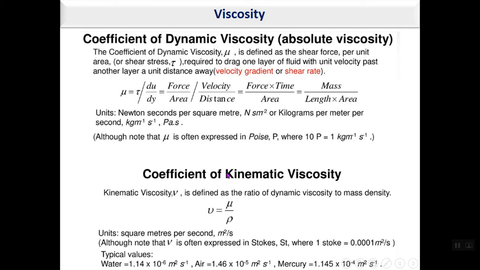Actually, kinematic viscosity is a very important parameter, generally known as the momentum diffusivity, and we'll discuss that later. Just know that nu is also known as a parameter which shows how the momentum is diffused into the fluid. If nu is higher, then momentum diffusivity is higher in the fluid.